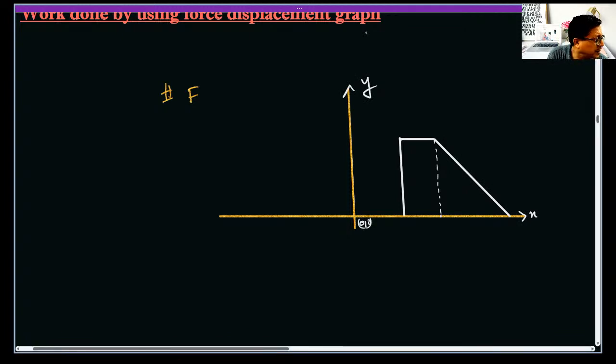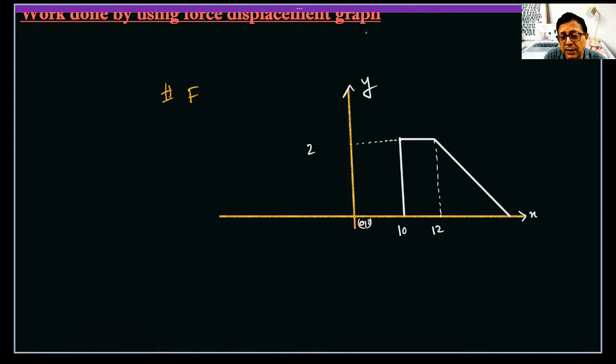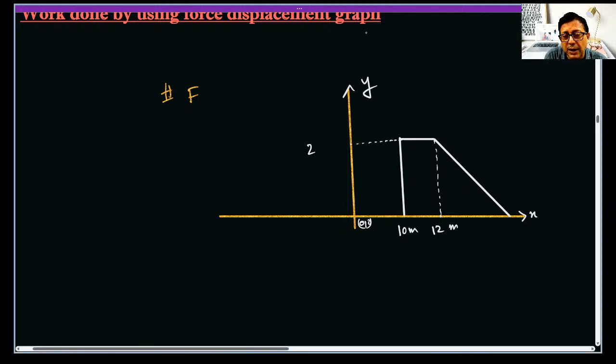And this force they have given 10 Newton, this is 12 Newton, and the force at this point, sorry, this is not Newton, this is 10 meter, 12 meter, and this one 20 Newton. You have to find the work done to take it finally to this point, say 30 meter. Okay? How to find the work done?